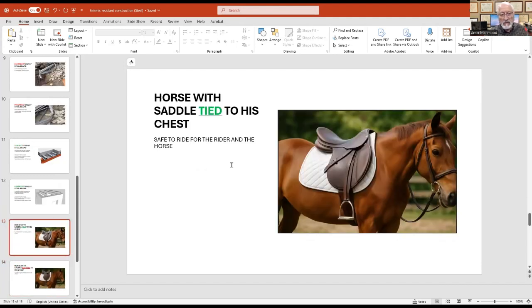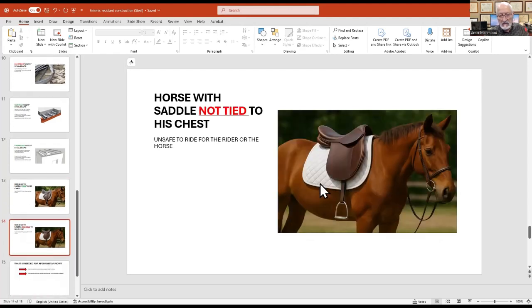There's a picture of a horse with a saddle tied on it, safe to ride for the rider and for the horse. You can see there's a belt under the chest of the horse. It's completely tied. And this is the same horse, the same saddle, but not tied.